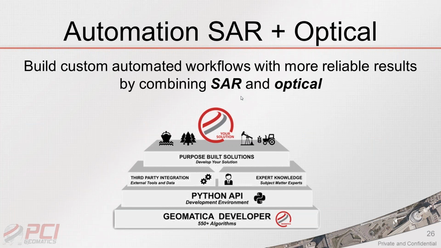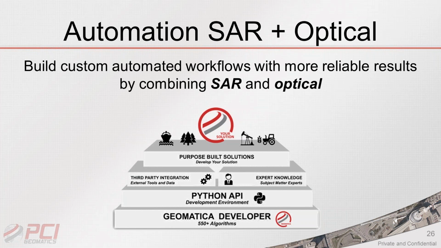And the area that we're going to be talking about in the workflow that's coming shortly is how to improve your automated workflows by combining your analytics from SAR and optical imagery in order to create more reliable, more robust workflows. We're going to be showing two different examples of this.